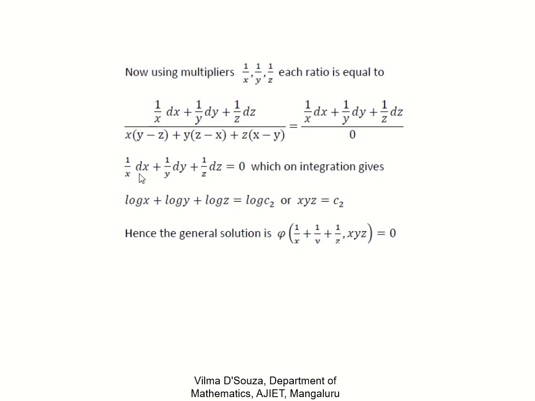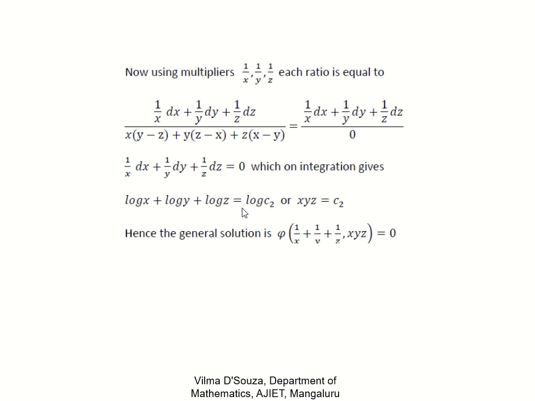Integrate. What is the integration of 1 by x? Log x, plus integration of 1 by y dy, log y, and this is log z, is equal to, take it as log c2. What is log x plus log y plus log z? That is log of xyz, and that will be equal to log c2.